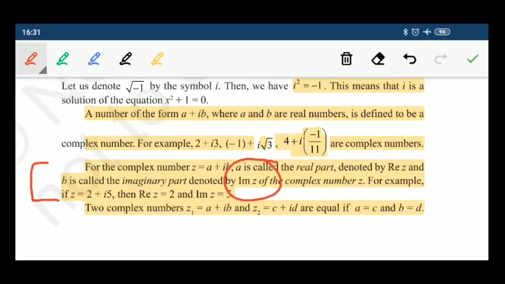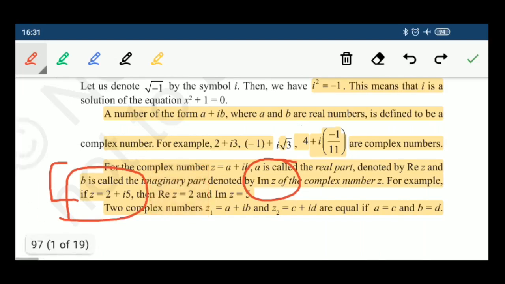So here, suppose z is a complex number equal to 2 plus iota 5, then the real part of this complex number is 2 and the imaginary part is 5.